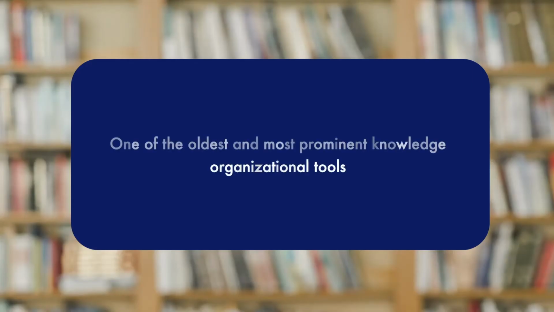So classification is one of the oldest and most prominent knowledge organization tools. It has been used in libraries, information centers, and other institutions for organizing books, journals, newspapers, theses, magazines, and so on. It is a system by which library documents are arranged according to subjects or class numbers or author of the books.